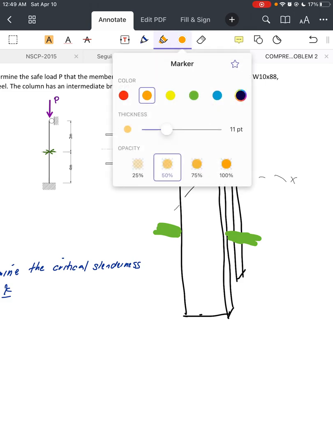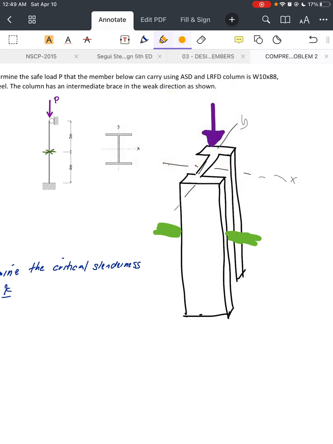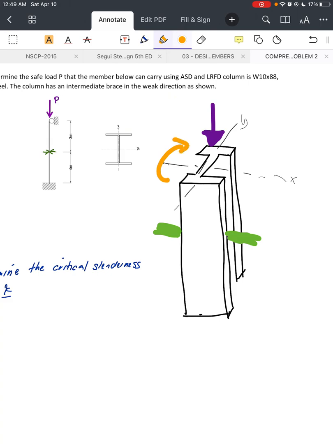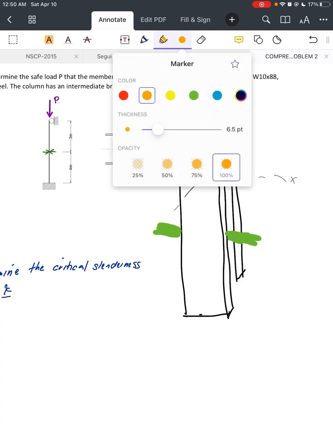Okay, so, drawing natin dito. So, let's have here x-axis. So, halimbawa, pinabuckle natin siya along x-axis. So, yung x-axis mo, movement ka pa ganyan. So, ibig sabihin, pag nirotate mo o nagbuckle yung wide flange column mo along x-axis, ang magiging deformation niya ay pa ganito.